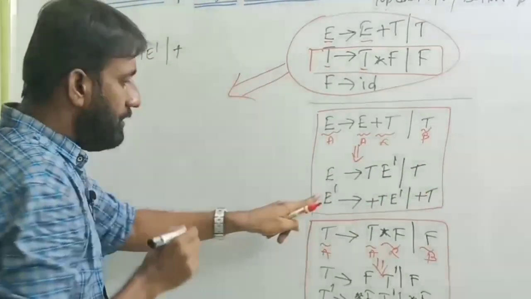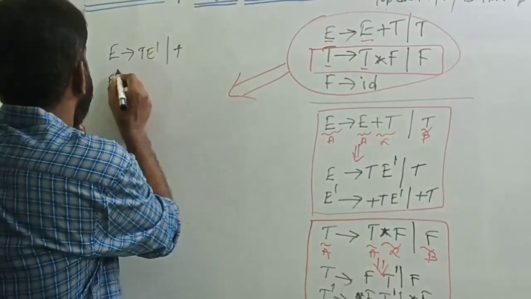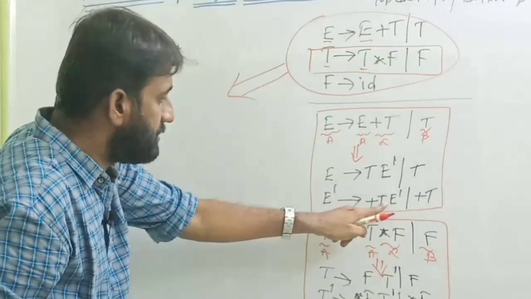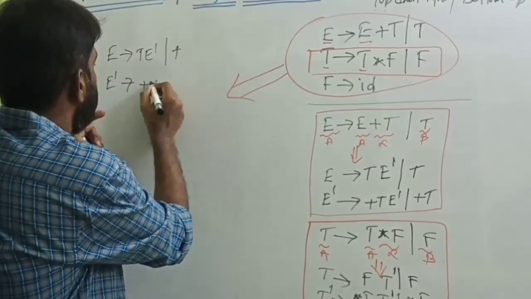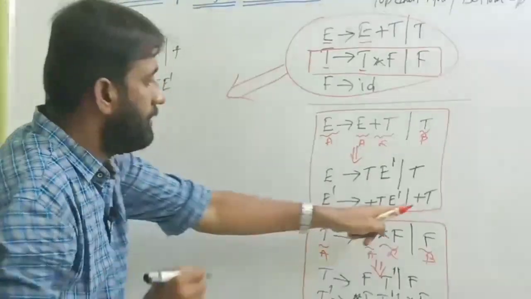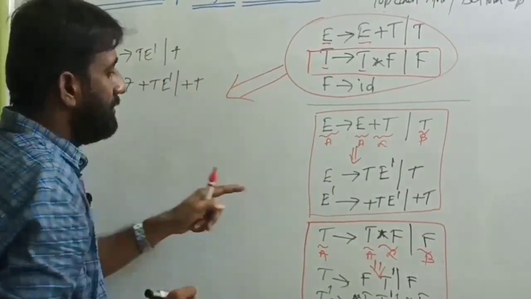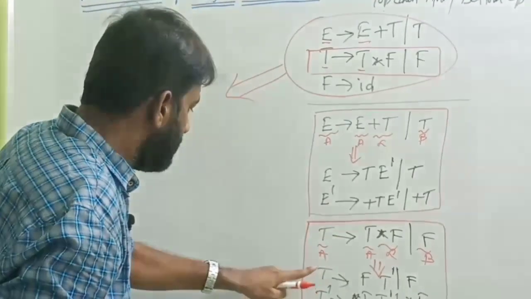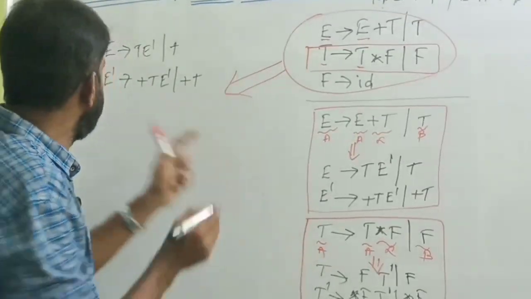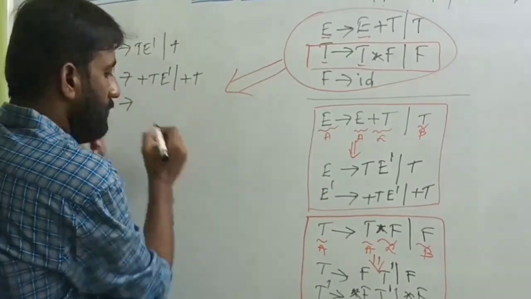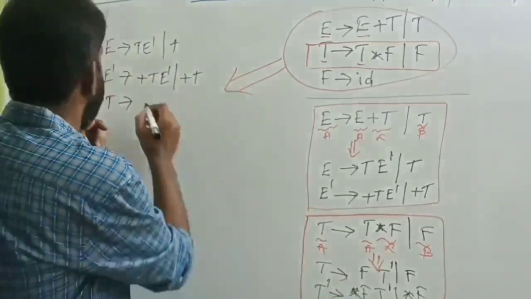Then next, E dash tends to plus T E dash slash epsilon. Then next T productions. T tends to F T dash.